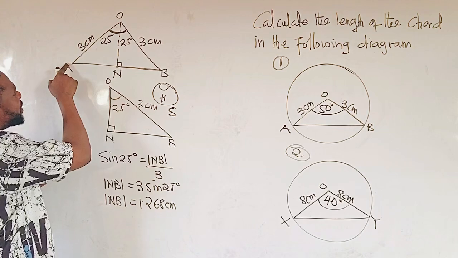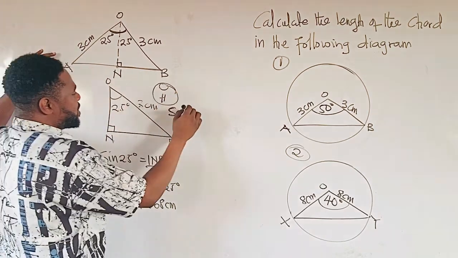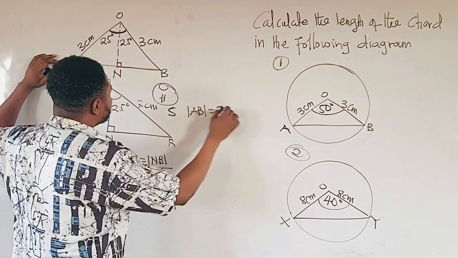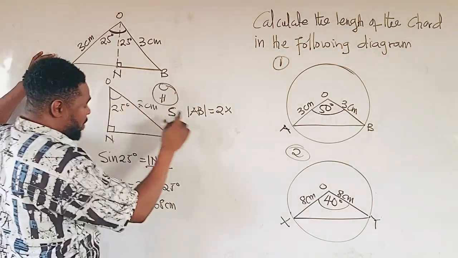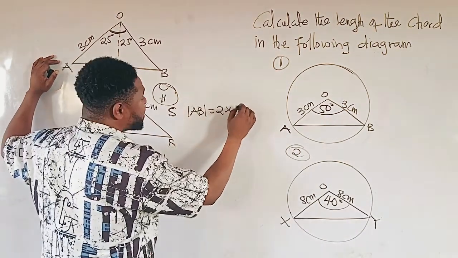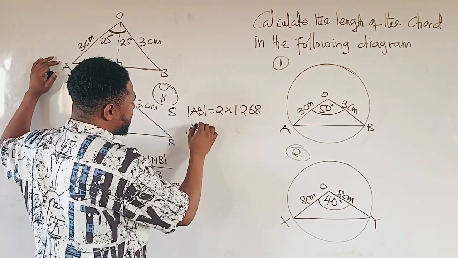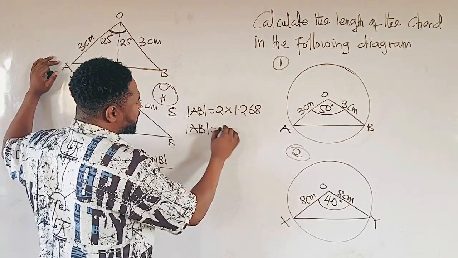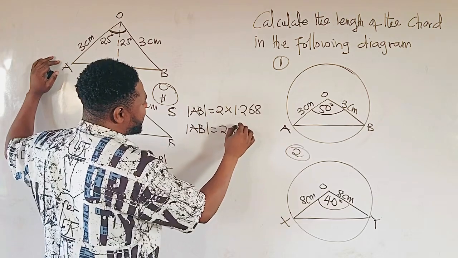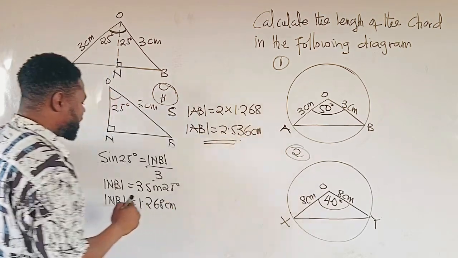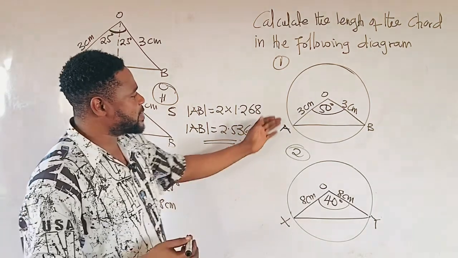But we are looking for the total distance, which is AB. So our AB is going to be 2 multiplying NB, and our NB is 1.268. Viewers, our length of the chord is going to be 2.536 centimeters. And this is how we can get the length of the chord in this diagram.